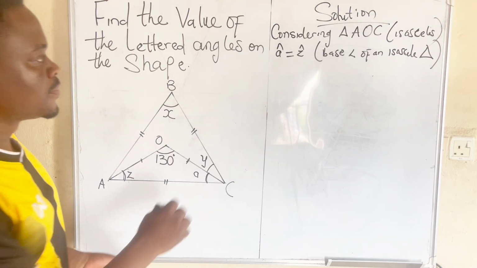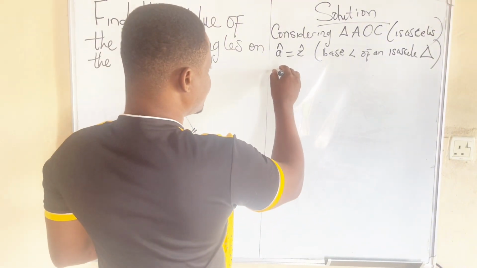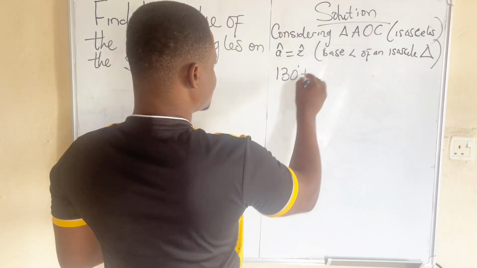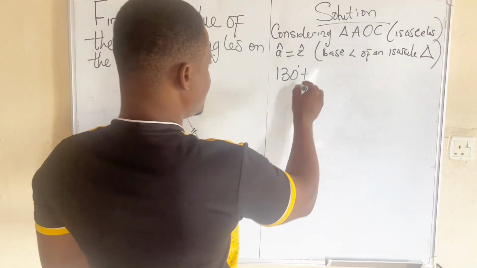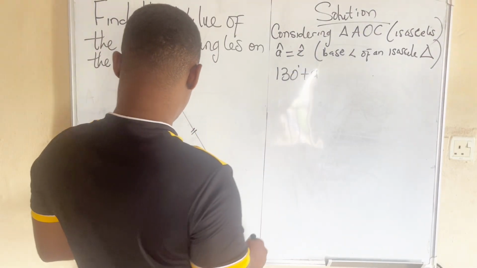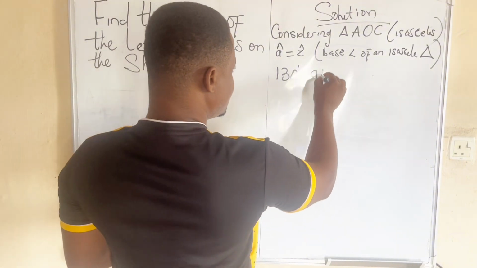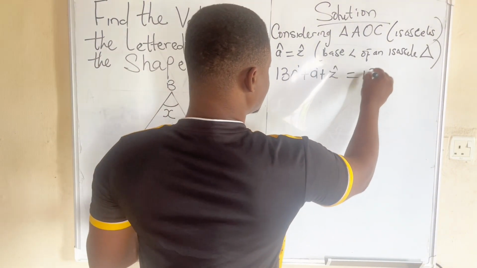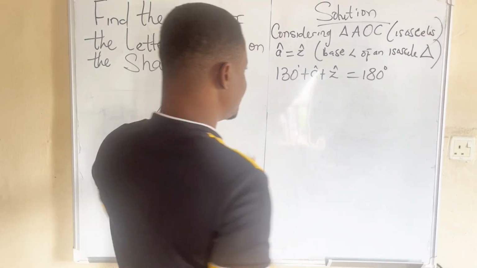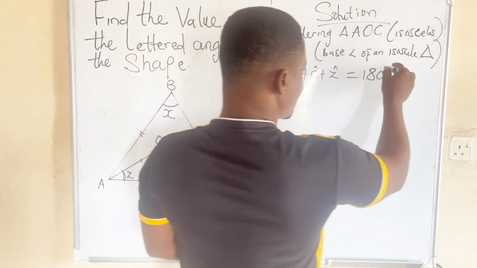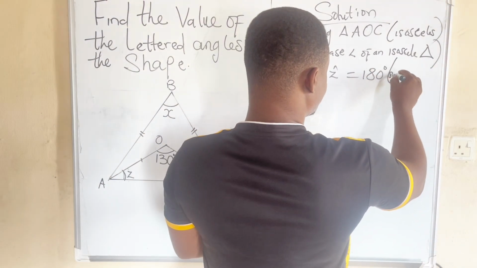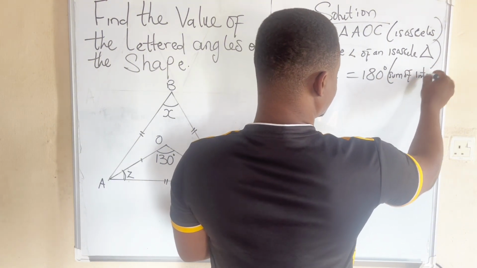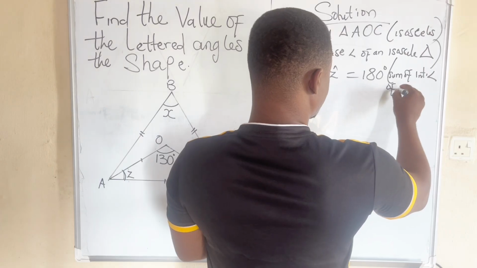That means 130 degrees plus angle at A plus angle at Z is equal to 180 degrees. The reason is the sum of interior angles of a triangle.